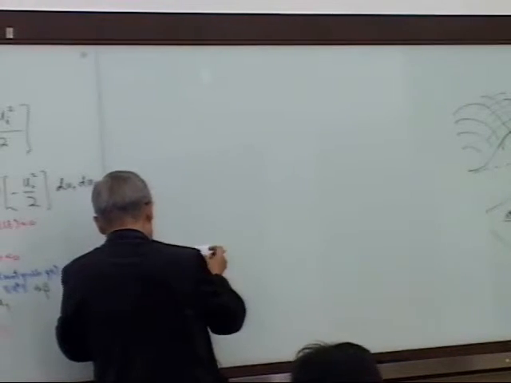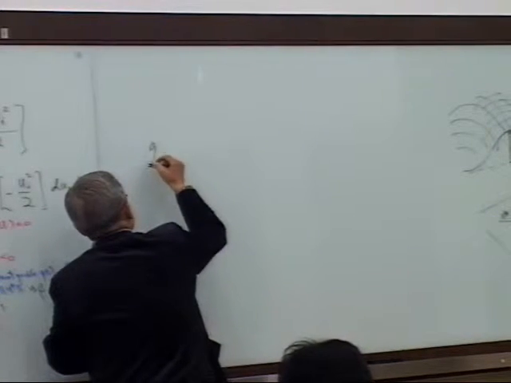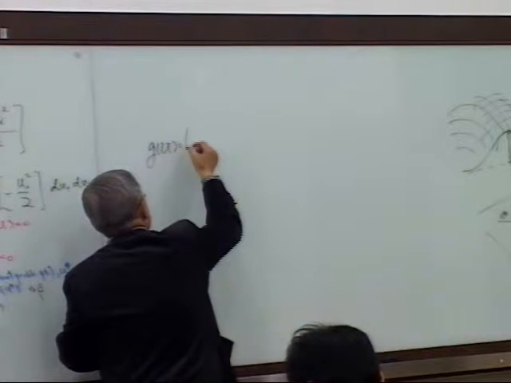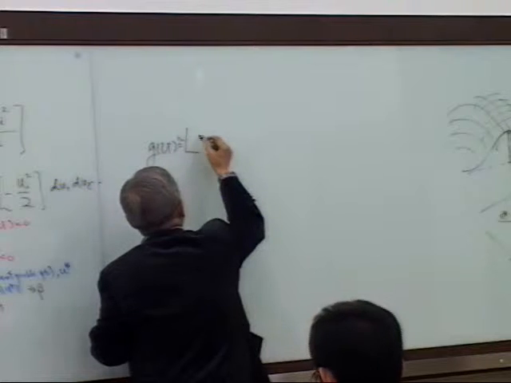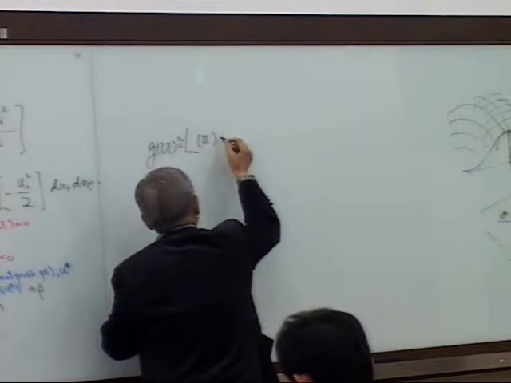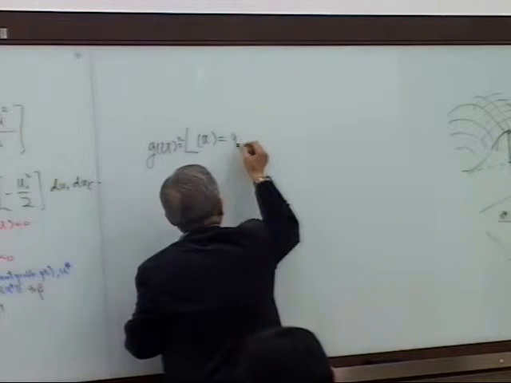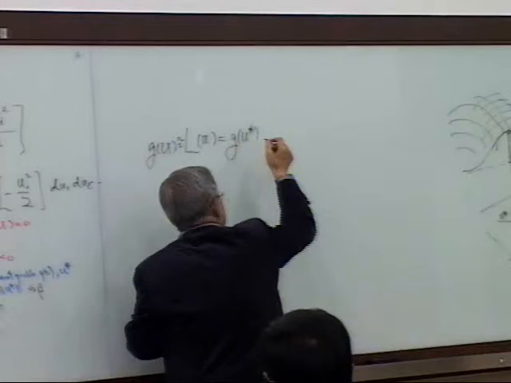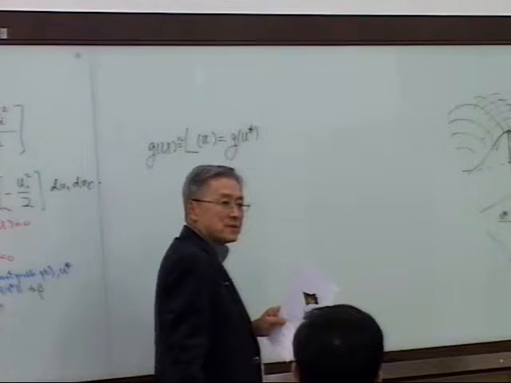So rewriting G(U), once again, L(U) is equal to G. Now expansion point U star is MPP point.